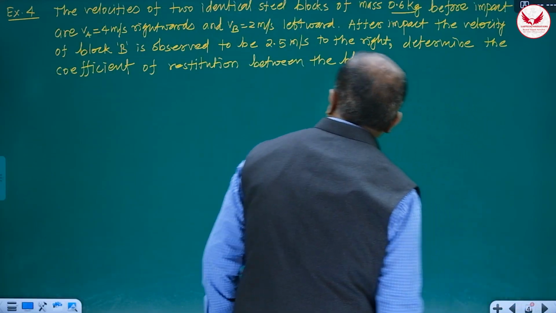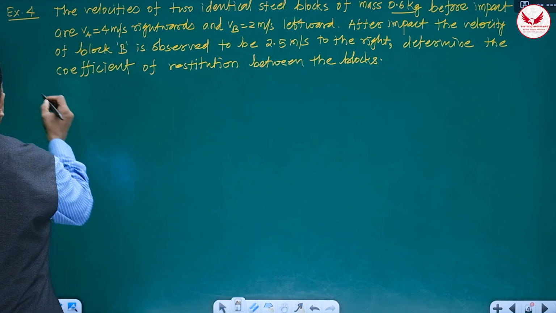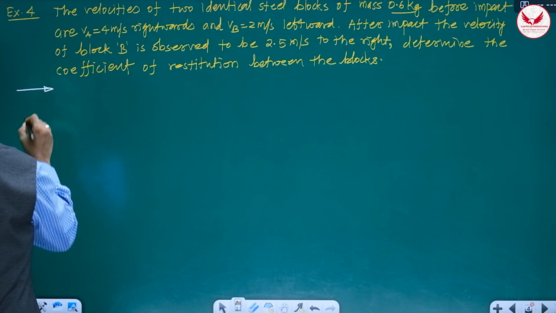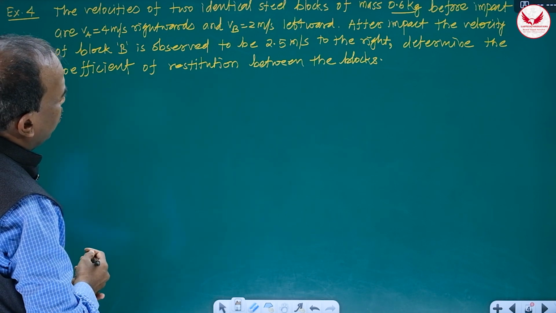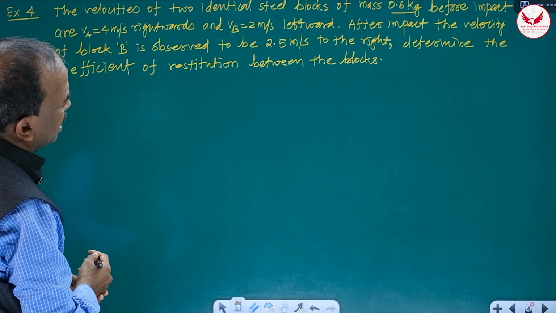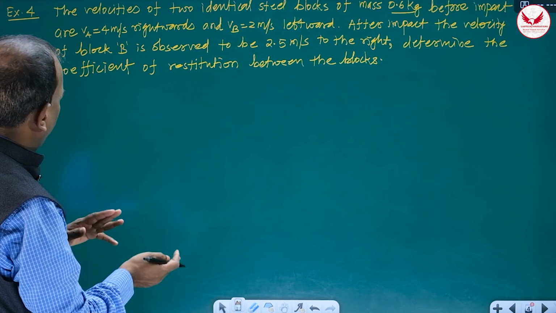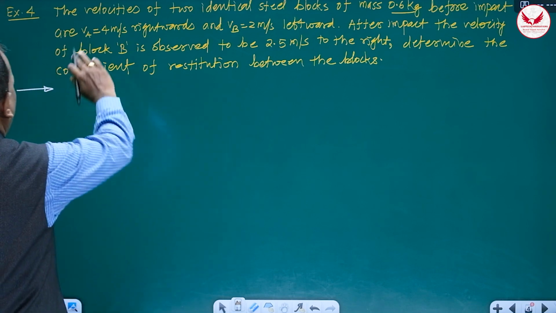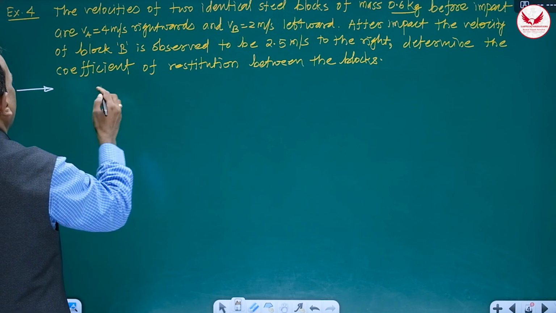Then one more example we can have on this, and that example is what? The velocities of two identical steel blocks of mass 0.6 kg before impact are VA and VB, meaning A and B are given. Instead of VA and VB notation, we'll use UA and UB before impact.